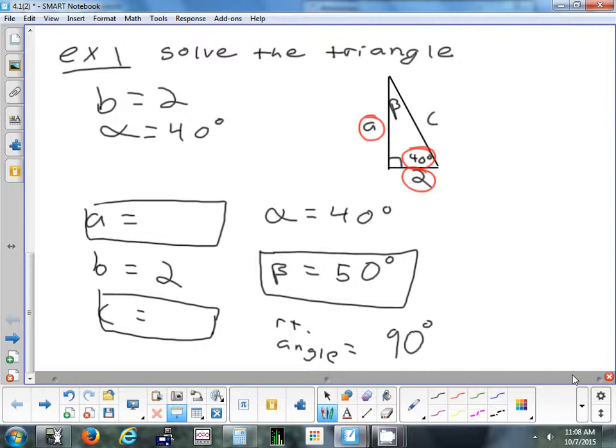To figure out which one you're going to use, look at the angle I circled and figure out the names of these 2 sides. Are they opposite, adjacent, or hypotenuse? Callie, what's the name of side A relative to this angle? Opposite. Okay, so we need a trig function that has opposite. Nathan, what's the name of the bottom side relative to the 40?